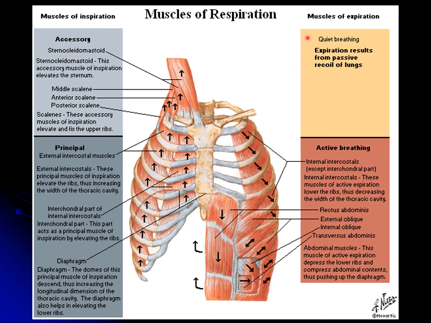In quiet breathing, or in the resting stage, expiration results from the passive recoiling of the lung tissue, as we have discussed. And in active breathing, we need the internal intercostal muscles, except the intercartilaginous part, which is actually the inspiratory portion.